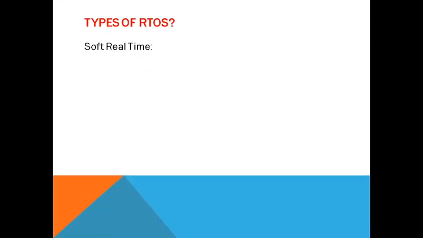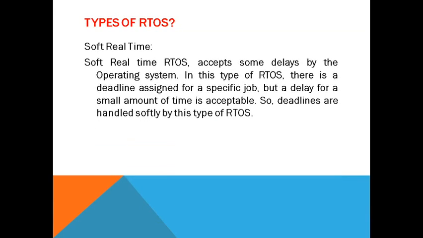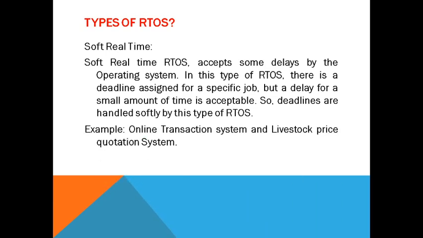Then another type of real-time operating system is soft real-time. Soft real-time RTOS accepts some delays by the operating system. In this type of RTOS, there is a deadline assigned for a specific job, but a delay of a small amount of time is acceptable. So deadlines are handled softly by this type of RTOS.